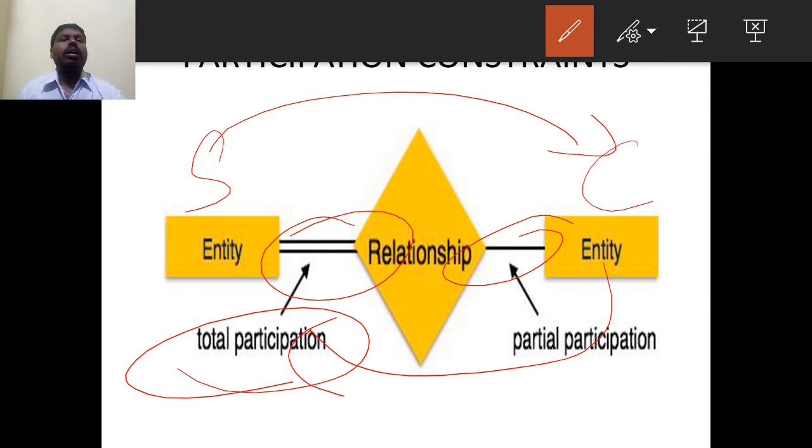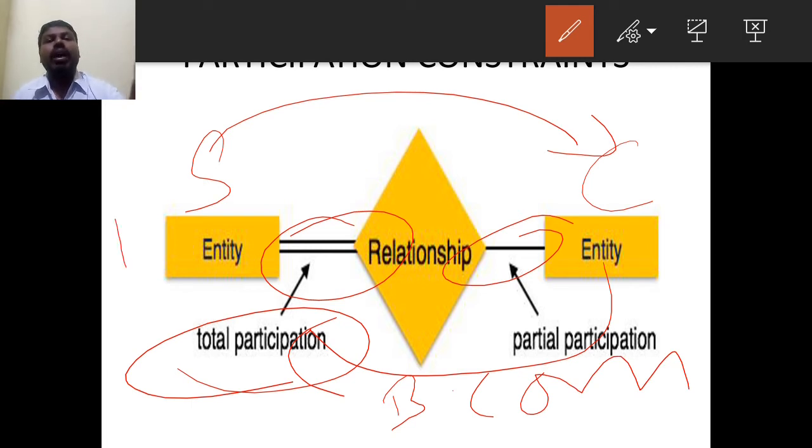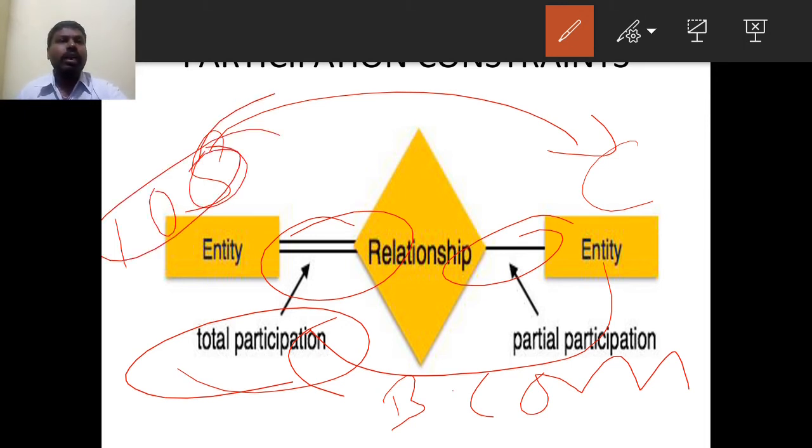For example, assume that there are three courses, BCom, BBA and BCA. If 100 students are there, the 100 students must select any one course among the three, BCom, BBA and BCA. All the students must select one course.